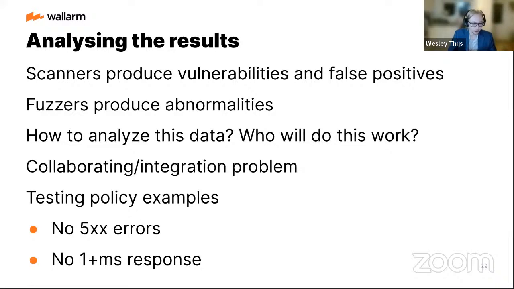And then there are some testing policy examples. For example, none of the results can contain 500 status codes. None of the results can take longer than a millisecond. There is not allowed to be more than 20% of 100 status codes. So these testing policies might also be in place and might need to be tested against the results, of course.